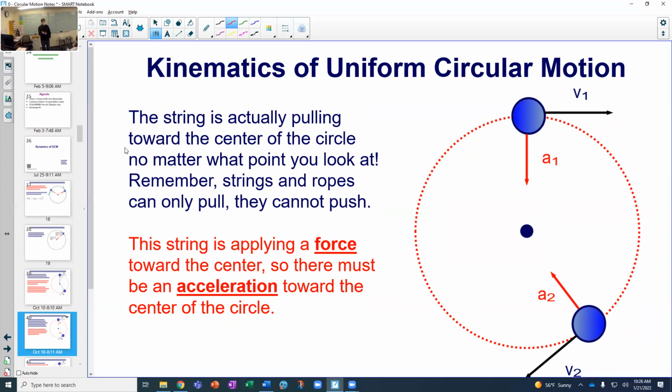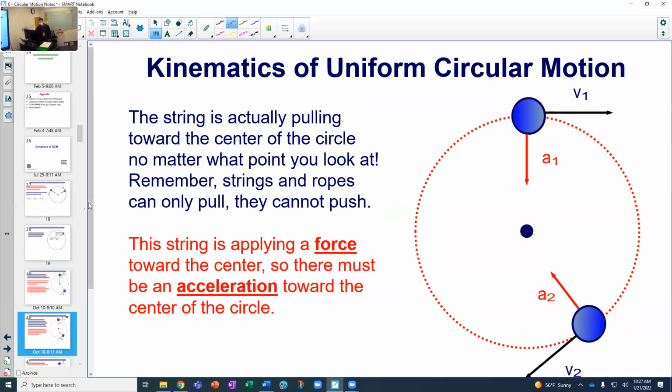Other things can, like the normal force of the roller coaster rails, but if it's a rope or a string, it can only pull. The string is applying a force toward the center seeking, centripetal, and therefore there must be an acceleration towards the center of the circle, the centripetal acceleration, the center seeking acceleration, right?